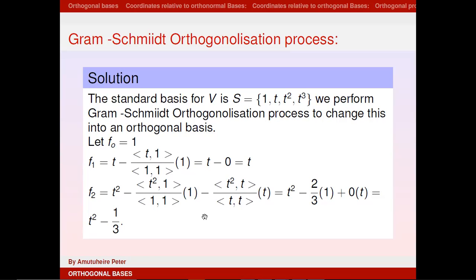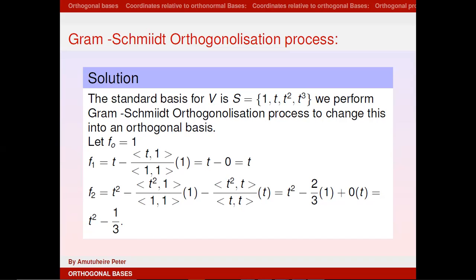So a third minus a -third gives us 2/3. The other inner product is going to be 0, because it is the integral of t squared times t, which is the integral of t cubed, which is t to the power 4 over 4, and that gives us 0. So we get f2 as t squared minus a third.